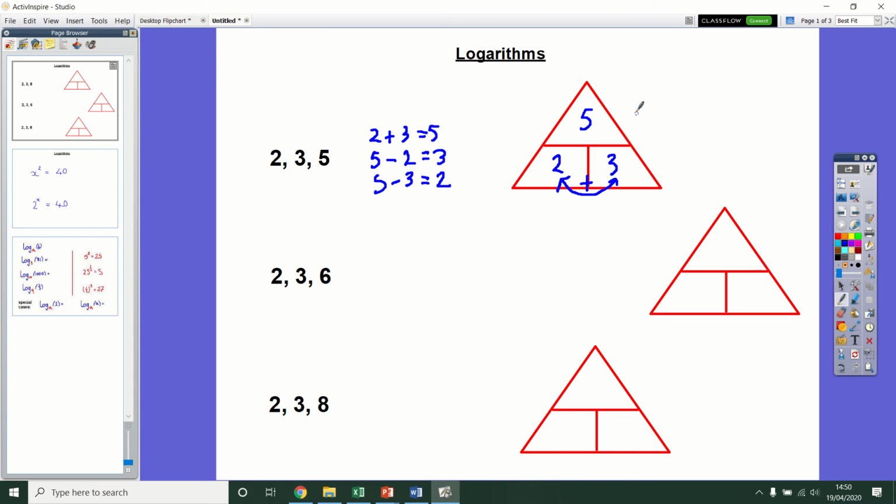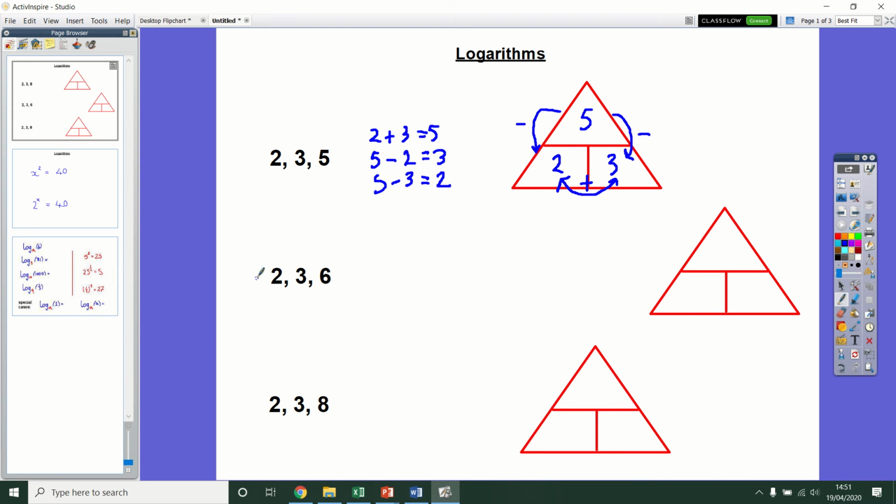On the sides of the triangle, these are the subtraction sums. If I take the right-hand side, I have to subtract in that direction to produce 2. So that's my subtraction sum over there. And on this side, similarly, I have to subtract that way around to produce the 3. So there's a formula triangle that shows how addition and subtraction are inverses.